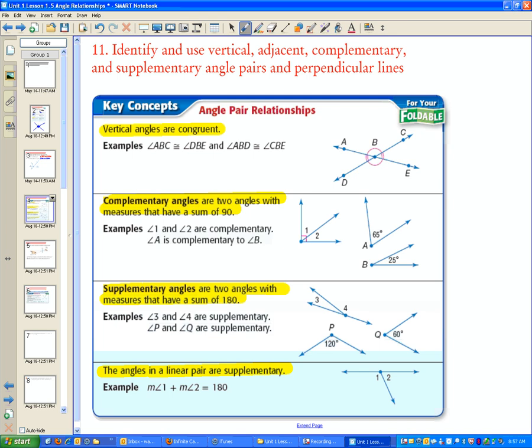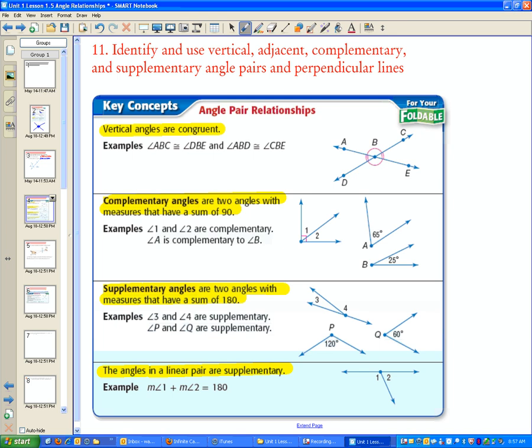Now, geometry is a very logical type of math to study. All right? All math is logical. But geometry is, in many cases, just pure logic. So we may start with something like this. We may be given a linear pair, and we'll think to ourselves, oh, linear pairs are supplementary.